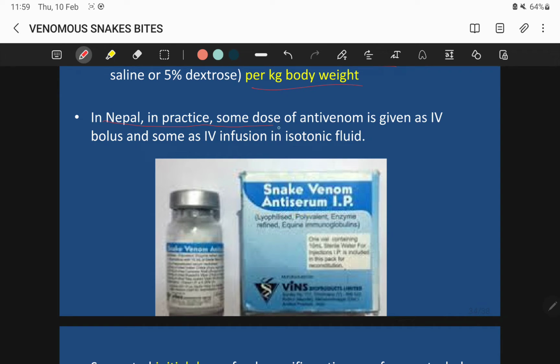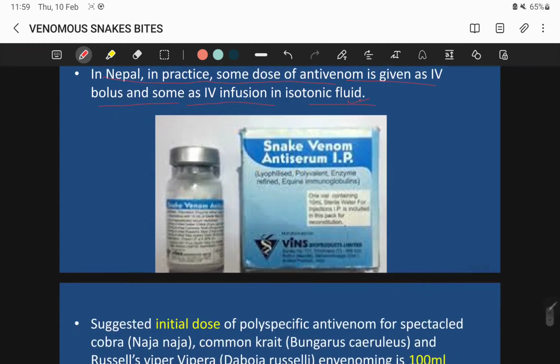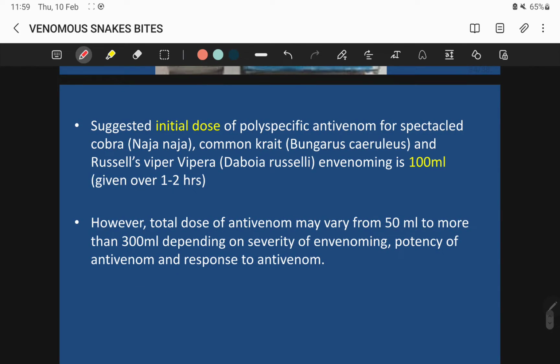In practice in Nepal, some doses of antivenom are given as IV bolus and some as IV infusion in isotonic fluid. What is the suggested initial dose of polyspecific antivenom for Naja, the spectacled cobras, remember that, and then common krait and Russell's viper?